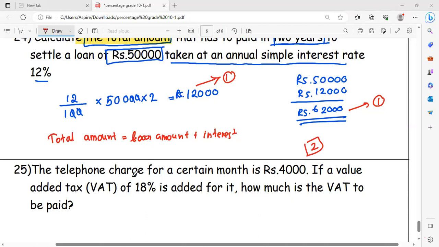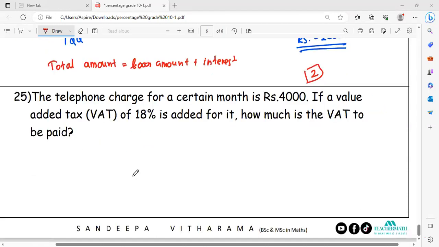Okay, I will discuss the last question. The telephone charge for a certain month is 4,000. If a value added tax, VAT, of 18% is added to it, how much is the VAT to be paid? Yes, how do we find the VAT then?